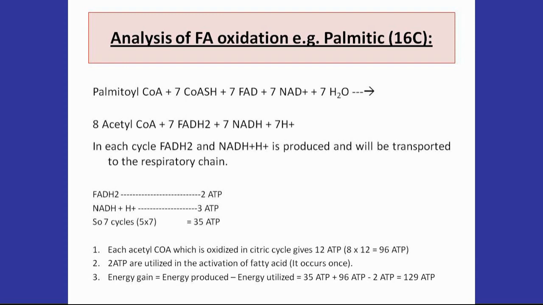So 35 plus 96 minus 2, since these 2 ATP molecules were utilized during the activation of fatty acid. Thus we get 129 total ATP molecules produced from the oxidation of a single palmitic acid by the process of beta oxidation.